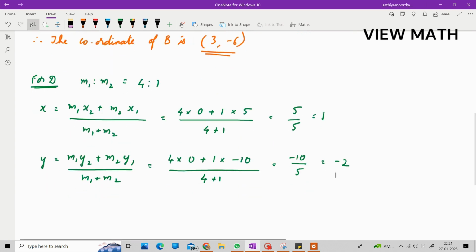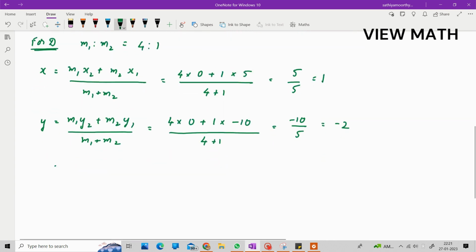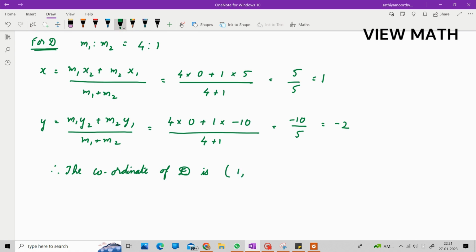So we have found the coordinate of D. They are asking us to find the coordinate of D. Therefore the coordinate of D is (1, minus 2). So we have found it.